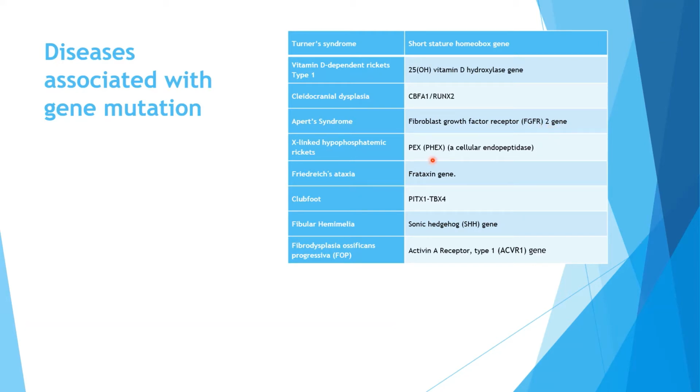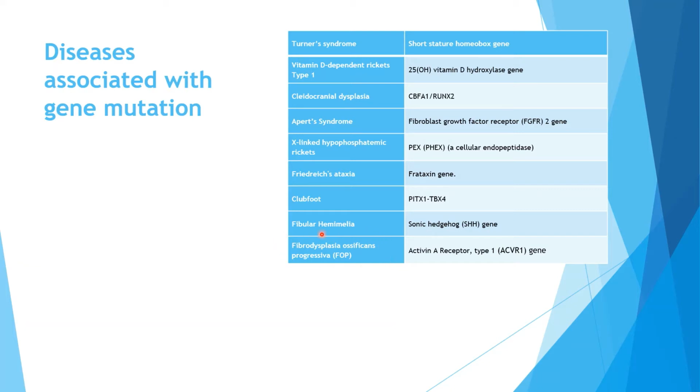X-linked hypophosphatemic rickets due to the PEX or PHEX, Friedreich's ataxia due to the frataxin gene, club foot. There are some genes associated with the club foot, mainly PITX1 and TBX4, fibular hemimelia, sonic hedgehog gene, and fibrodysplasia ossificans progressiva. It is activin A receptor type 1.